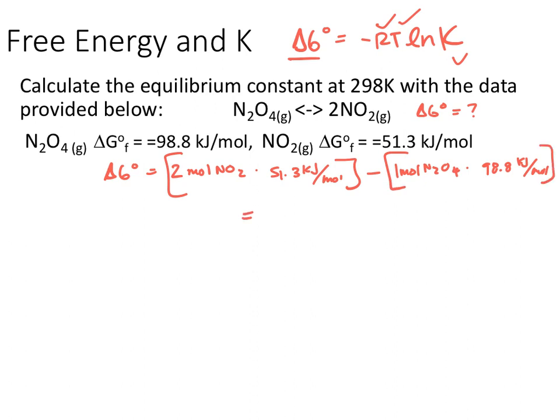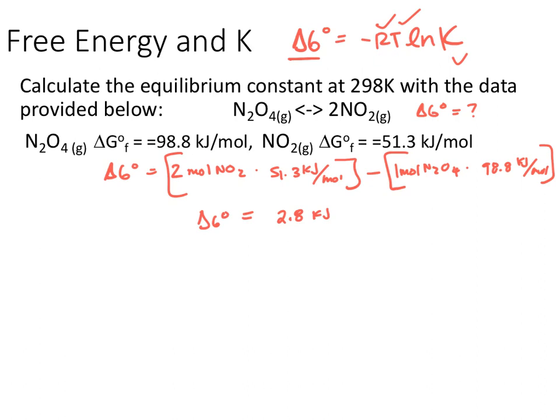Okay, and if we go ahead and plug that into our calculator, we're going to end up with 2.8 kilojoules, okay, as our delta G naught value. Okay, and then we can subsequently plug this in. The equation that we have here is basically primed for our delta G naught value. Now, guys, I do want to point out delta G naught here is in kilojoules.